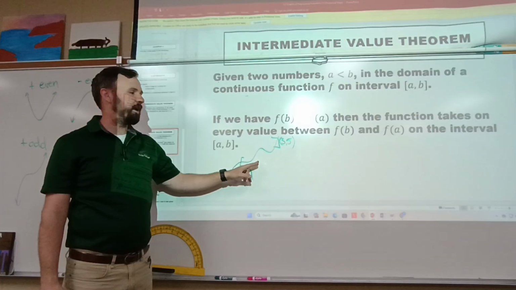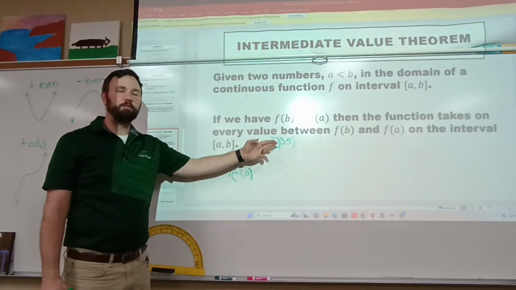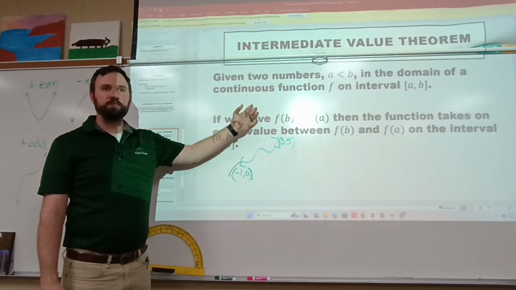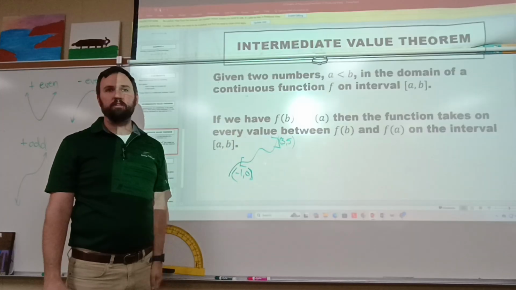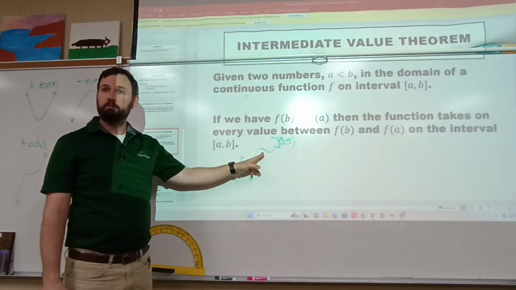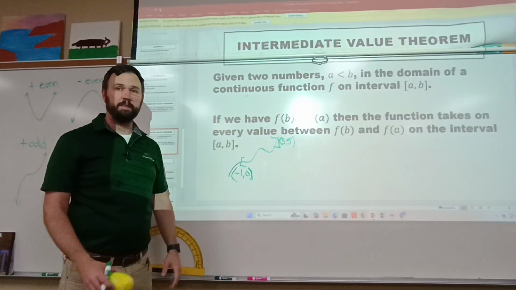Yeah. Will there be a y value that's 2? Yeah. Because no matter what, you have to hit every value between 0 and 5, right? It's continuous. So this is a lot just to say we hit every value. Will there be an x value that's 0? Yeah. We hit every point between 0 and 5 for y. Okay?